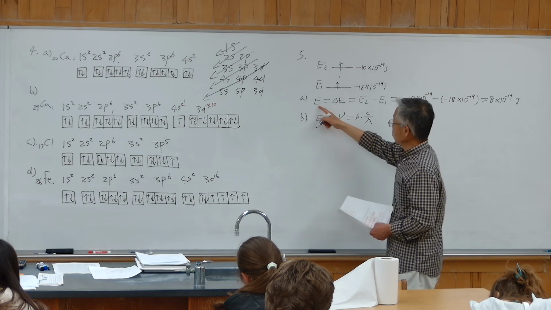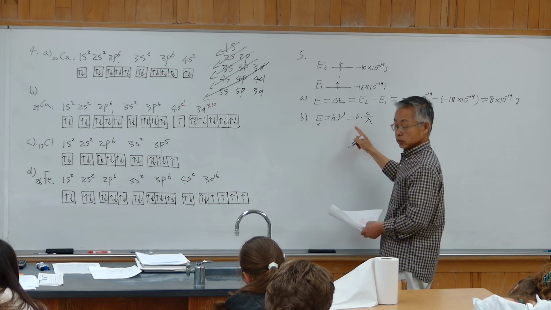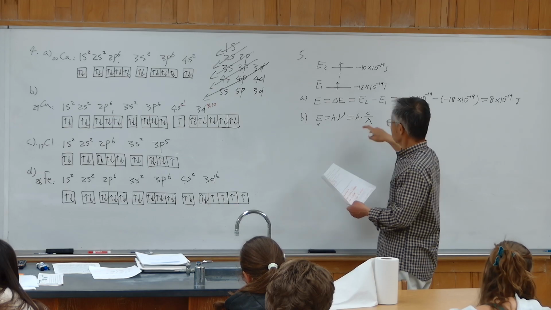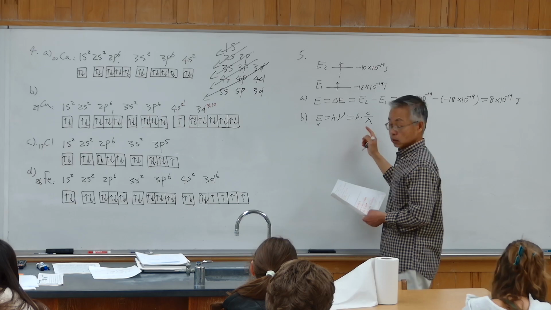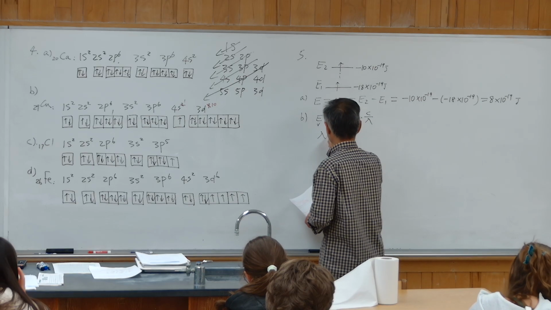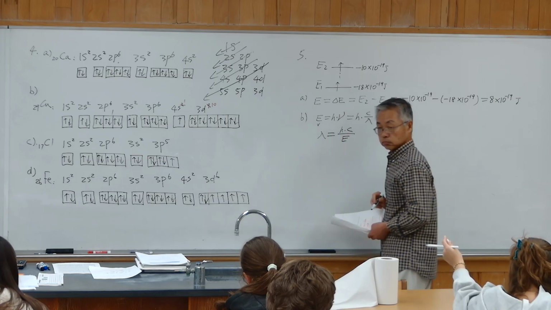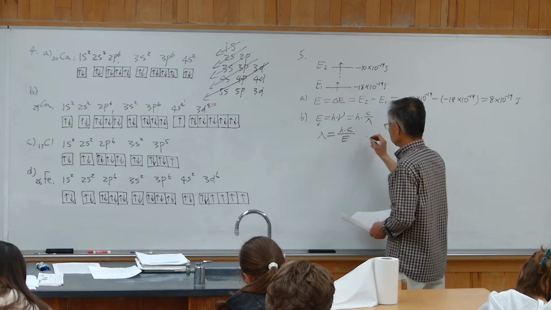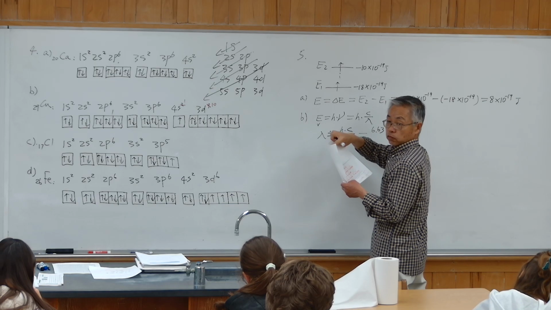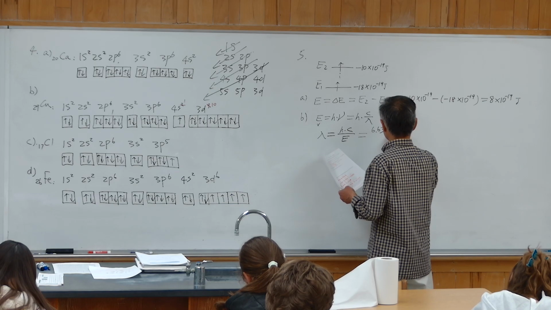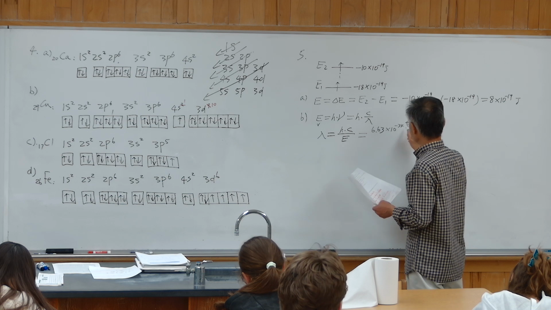So E we already calculated. H is the Planck constant provided here. C, the light speed, is also provided. Can you calculate the wavelength? Yeah. So wavelength equals h times c divided by E. Okay. The h Planck constant, at the top of this sheet, is 6.63 times 10 to the negative 34th joule second.